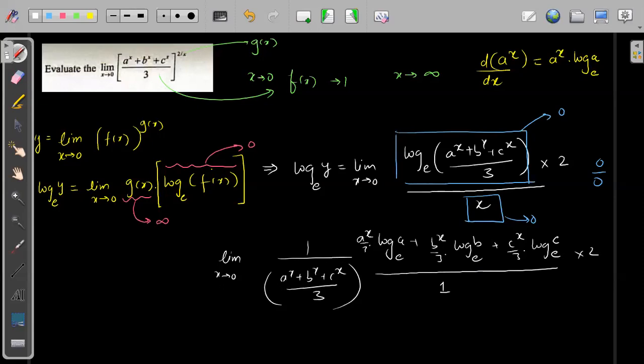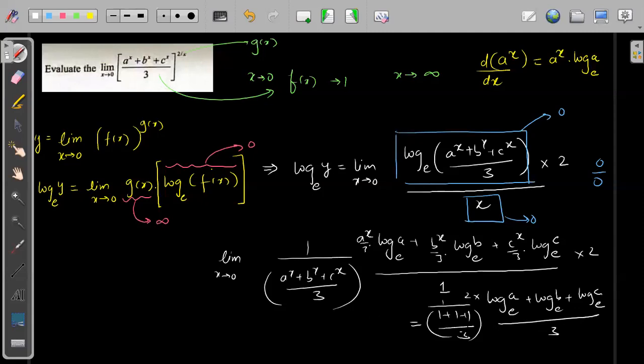Now as x tends to 0, all three of the power x parts will become 1. So I will take the limit now as it is. This part will become (1 + 1 + 1) by 3 into (log a base e + log b base e + log c base e), whole thing divided by 3 into 2, right?